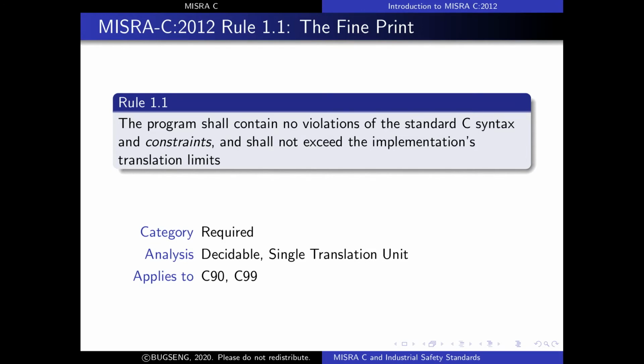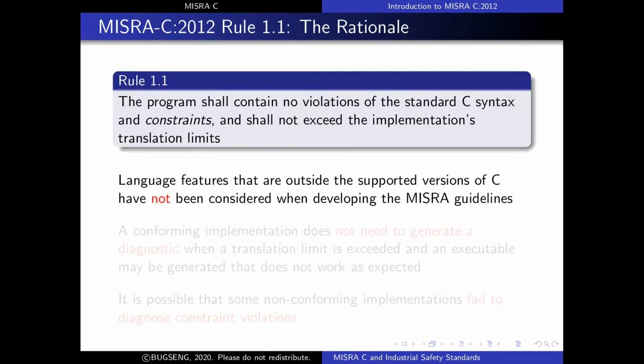It says that the program shall contain no violation of the standard C syntax and constraints, and shall not exceed the implementation translation limits. This might be surprising for someone. One might think, hey, but the compiler will give me a parse error if I am going beyond the syntax or the constraints of the language.